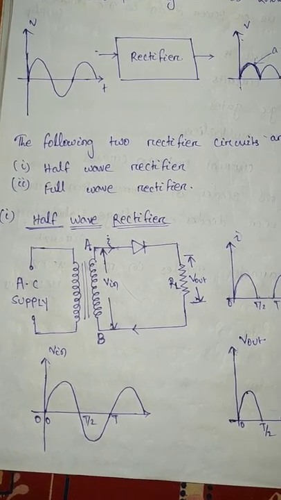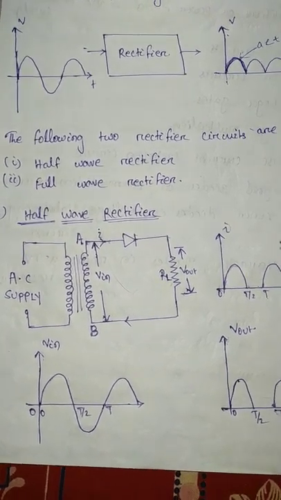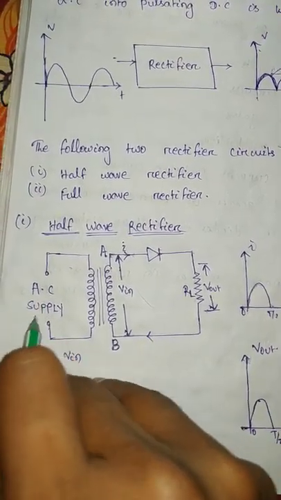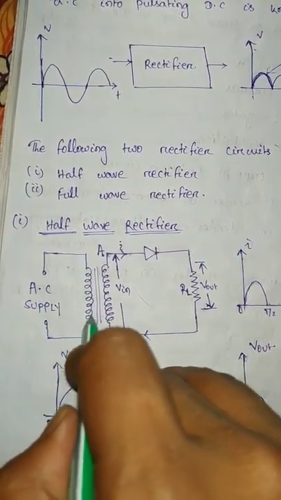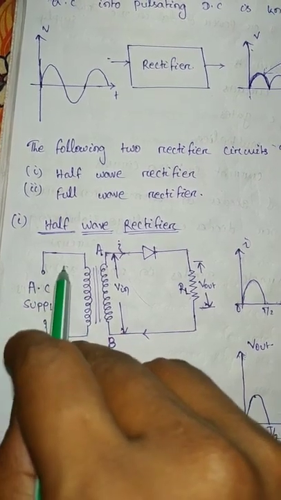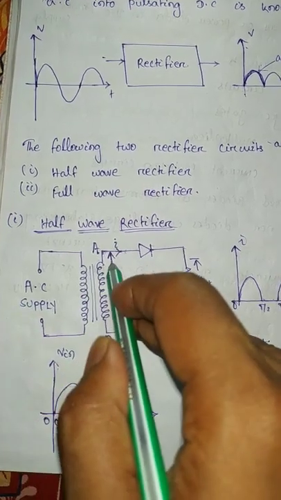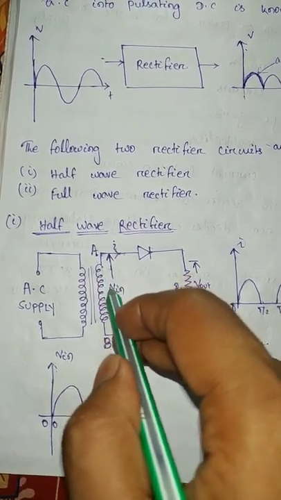Now coming to the operation. The AC supply is given to the primary winding of the transformer, and this AC input appears across the secondary winding.